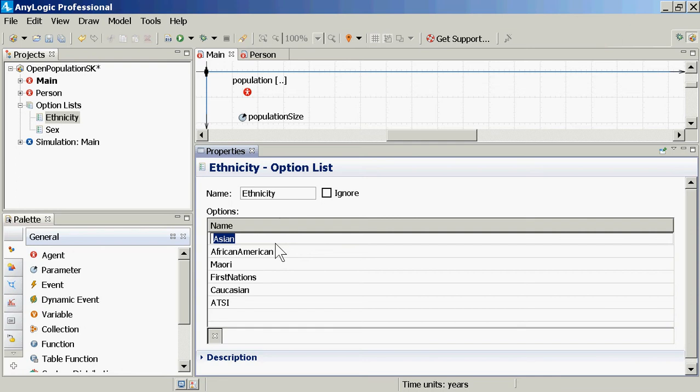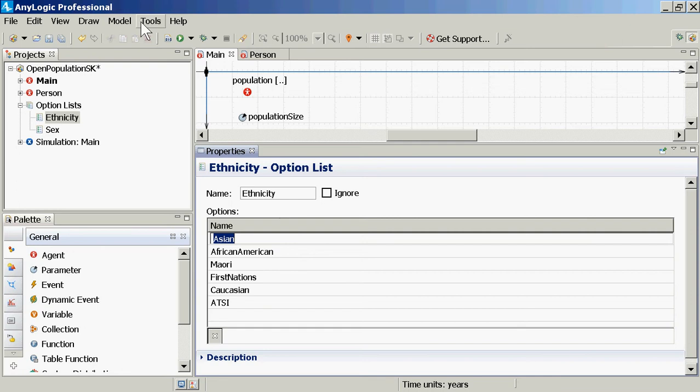So, ladies and gentlemen, if we want to set it so that each person in the population has an ethnicity and a sex, where would we go to do that? Go to person first. And what do we do in person?